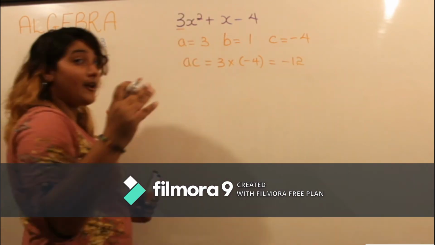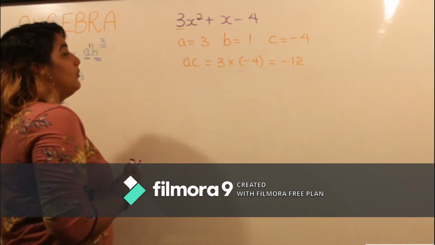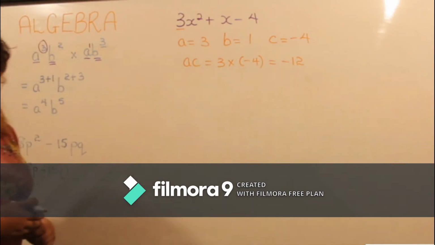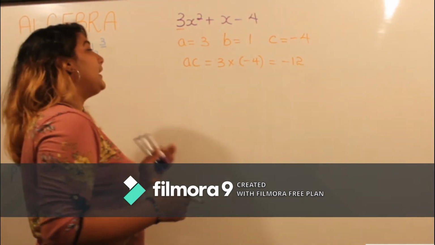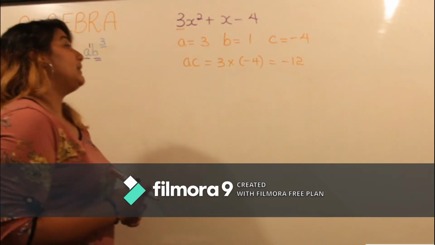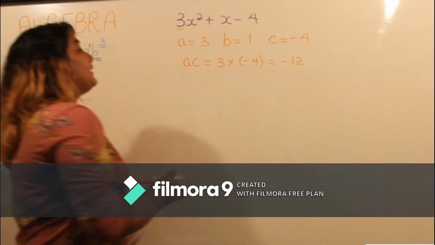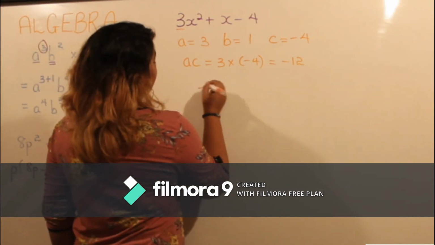So you see why directed numbers are so important in algebra? Now, why did I find AC? Well, the pair of factors I'm going to be using in this particular problem must be able to give me a product of AC. So I don't know what those two factors are.